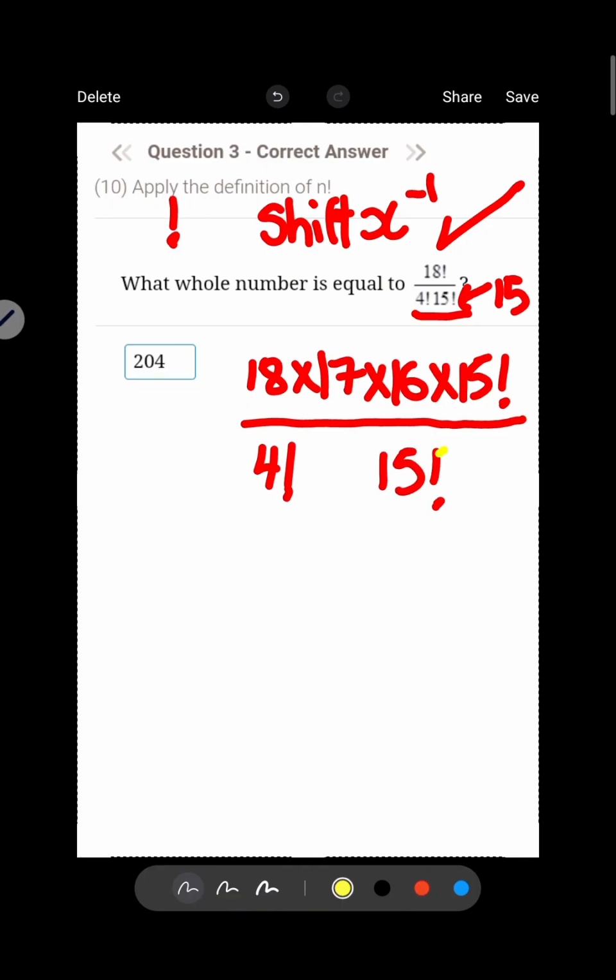Now cancel, so it's easier for you to do. So 18 times 17 times 16 over 4 times 3 times 2. Now you can use the calculator. When you do it in the calculator, you will get 204.